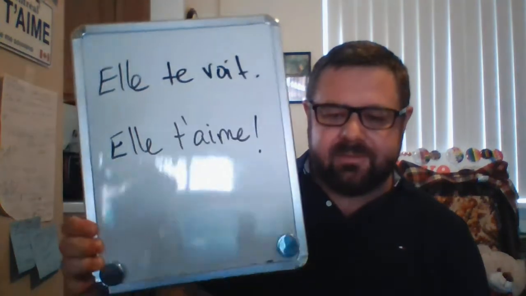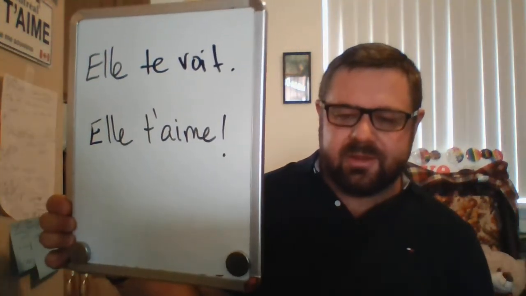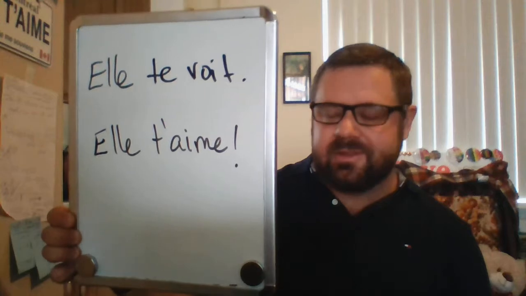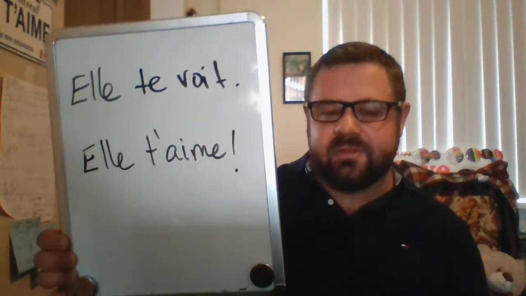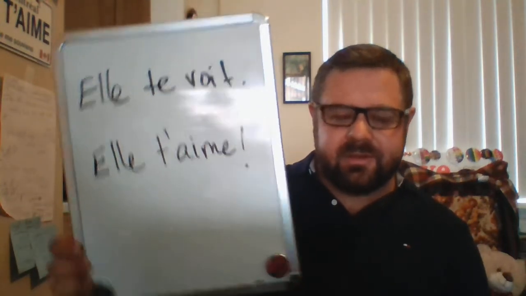So if you ever get a French girlfriend, someone could say, "Oui, elle t'aime." She loves you, right? Elle t'aime. Elle t'adore. Elle te trouve fascinant. She finds you fascinating, right? Elle t'aime. D'accord?